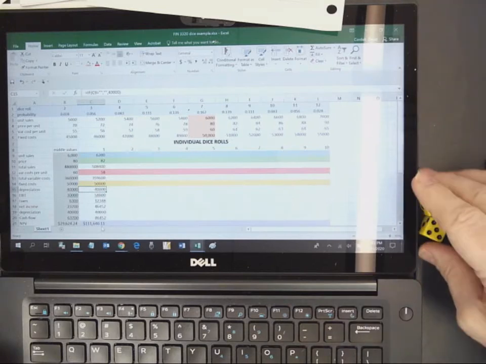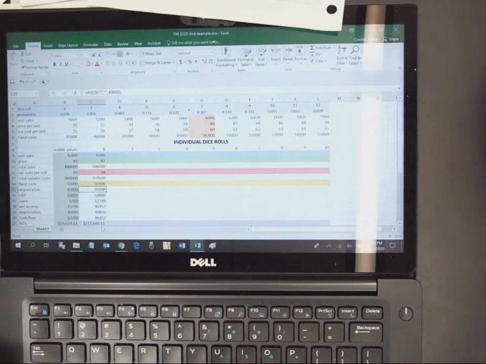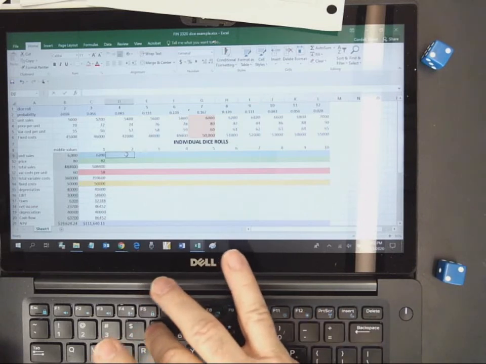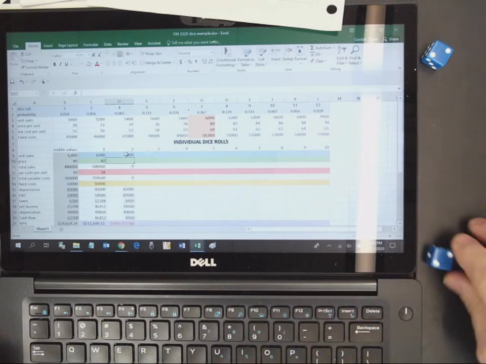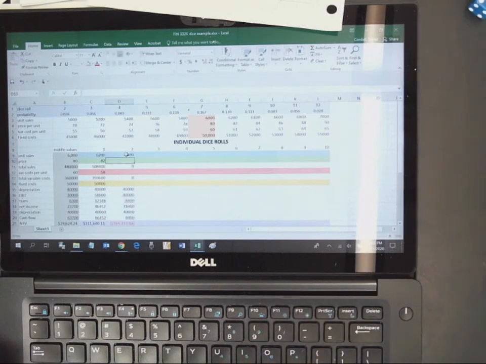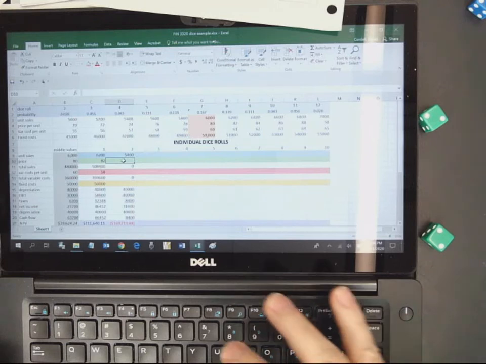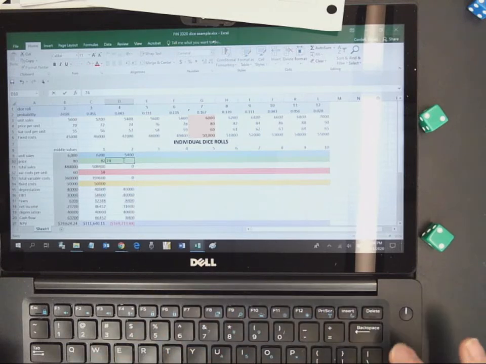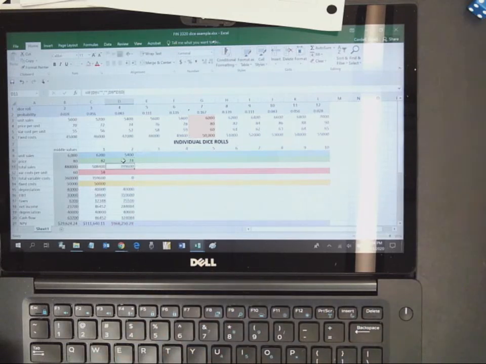So that's pretty good. Well, that was one try. Let's try a second one. I rolled a 4, and a 4 is 5,400. Enter. Then I'm going to roll for price, and I get a 4. And a 4 is 74. So 74 is my price. That's unfortunate. And now my variable cost per unit.